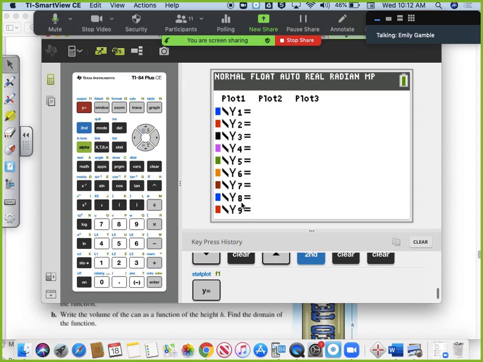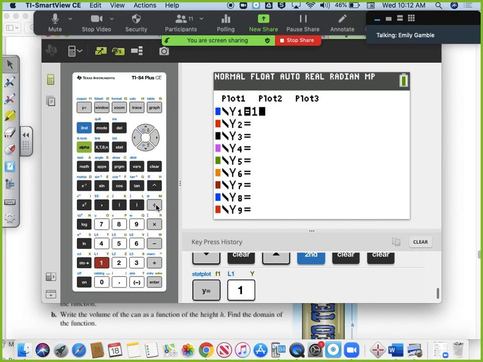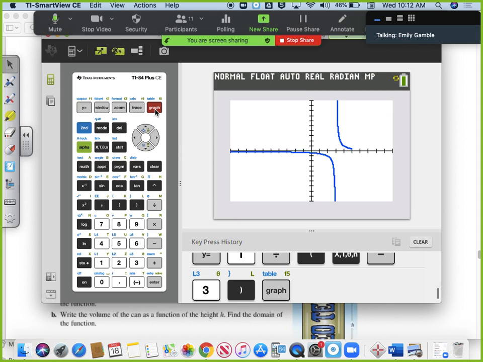F of x or g of x or h of x, all of those things really represent y equals, so don't get confused with that. This is going to be y equals, you would hit 1 divided by, and you're going to need parentheses here, 1 divided by parenthesis x minus 3, close the parenthesis. Now what we're going to do is hit graph to see what this looks like.